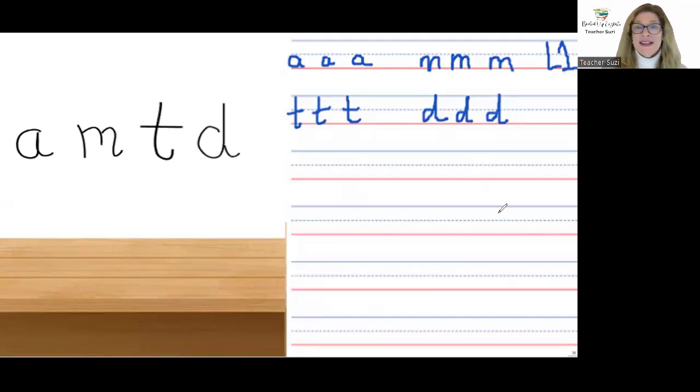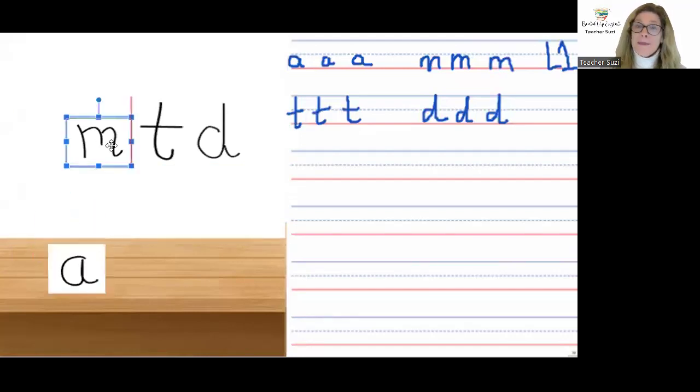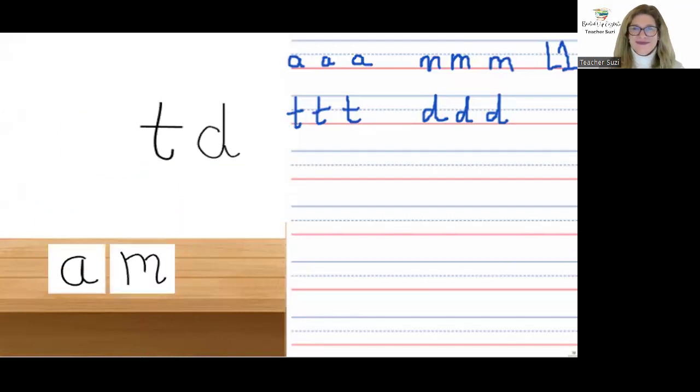For example, let's make am. What do you hear? Ah. Students can manipulate the sound cards and put them on their desk like this. And after, they can write the word. This notebook page will be a great tool to review sounds and practice reading words.